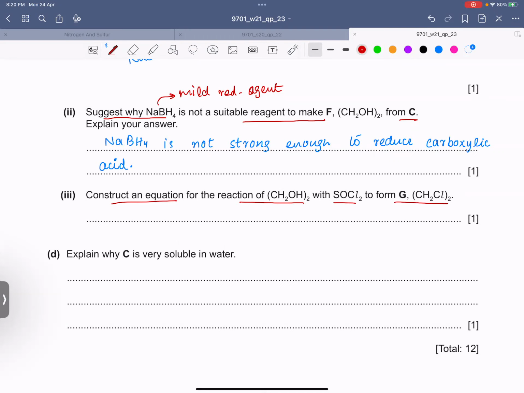So this reaction, if you recall, when we reacted with SOCl2, let me recall that reaction with a simple alcohol first. We are going to get RCl, sulfur dioxide gas, and, sorry, it's not HCl, it's H2O.